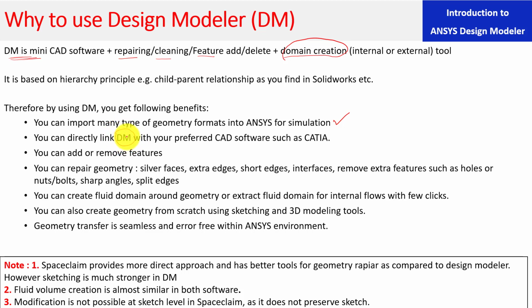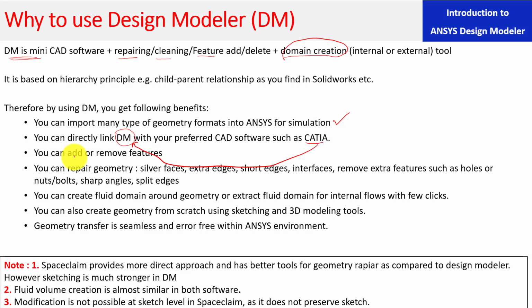Once it is open, you can directly attach the geometry from your CAD software to the Design Modeler with a single click. So there's no need to export geometry from your CAD software and then import it into Design Modeler; you just have to link them. The link is done automatically, so just click one command and that model from the CAD software will be transferred to Design Modeler.